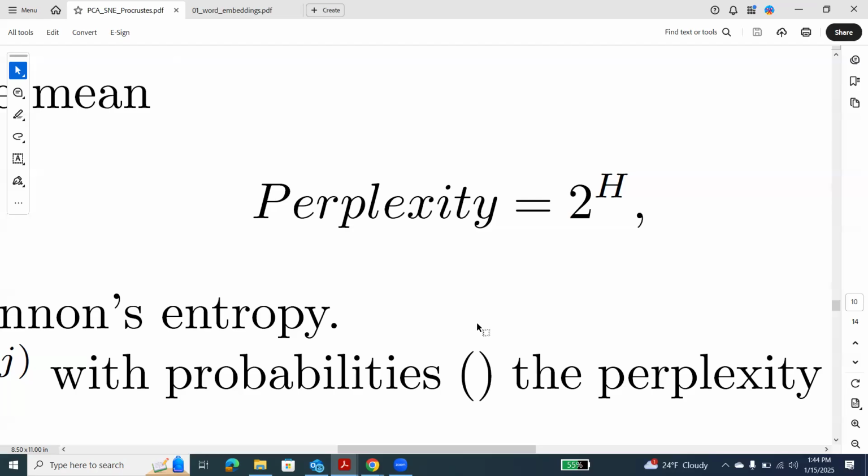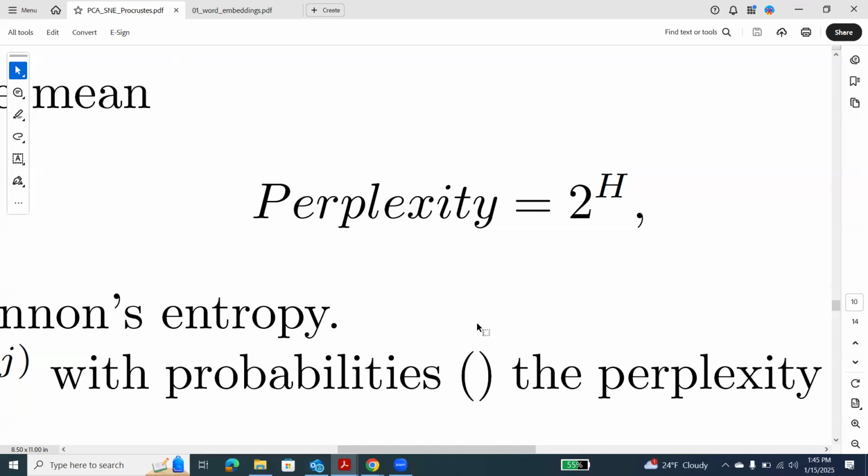We also set the probability that point 2 is close to i as 1 over k, and so on. And the probabilities for points with index greater than k plus 1, we'll just set to 0. So let's calculate the entropy and then the perplexity.